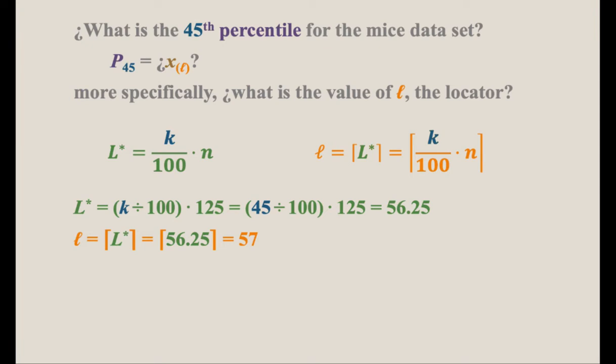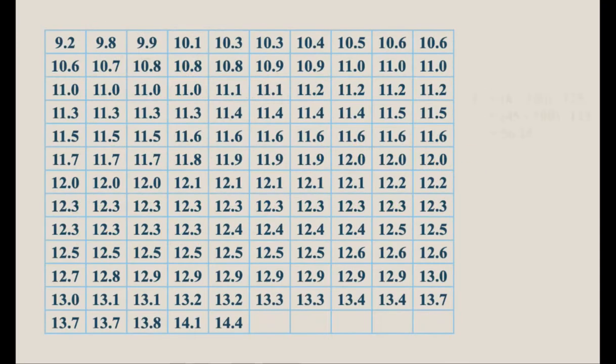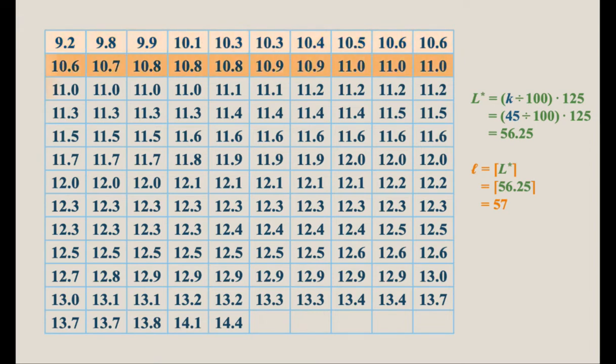But for this protocol, we always round up. So, in this case, we round up to 57. The locator is L equals 57. This means that the 45th percentile is the 57th value in our data set, specifically our ordered data set. Looking back at our data set, we see that this value is 11.9.